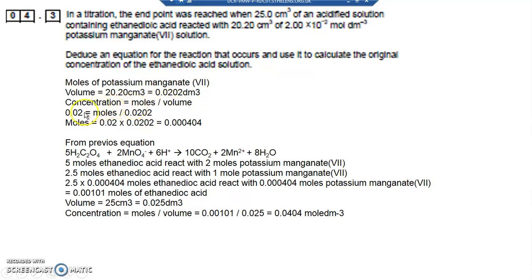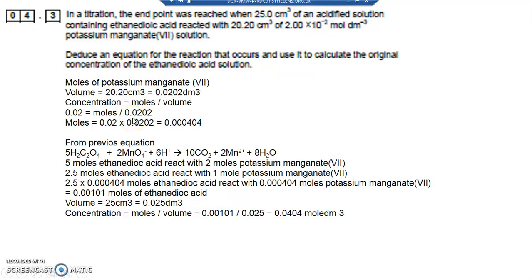Concentration equals moles divided by volume, so moles are concentration, 0.02, multiplied by volume, 0.0202, which equals 0.000404 moles of potassium manganate(VII).